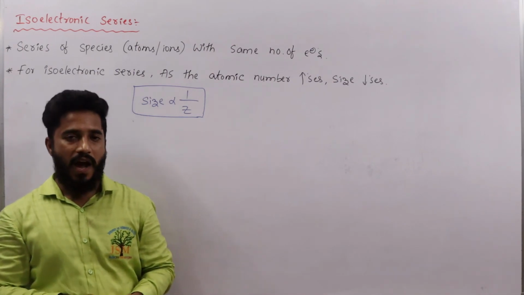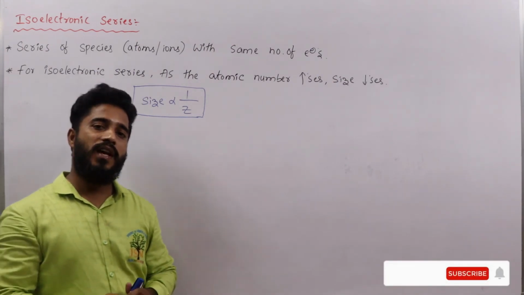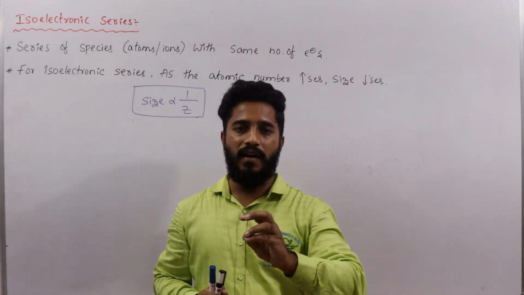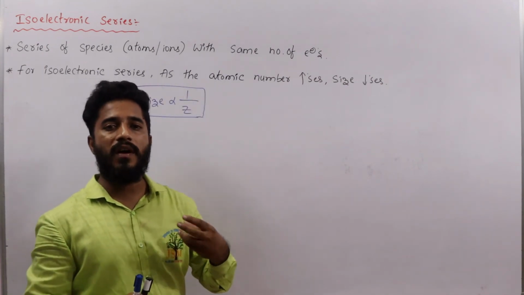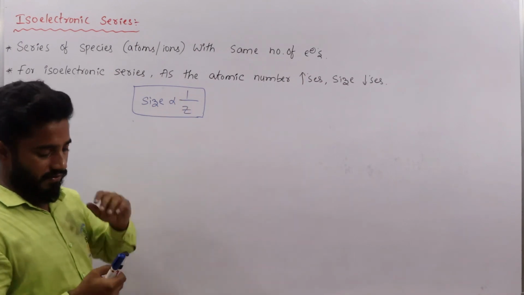Let us see isoelectronic series. Isoelectronic series means, iso means same, electronic means number of electrons. The species with the same number of electrons come under isoelectronic series.